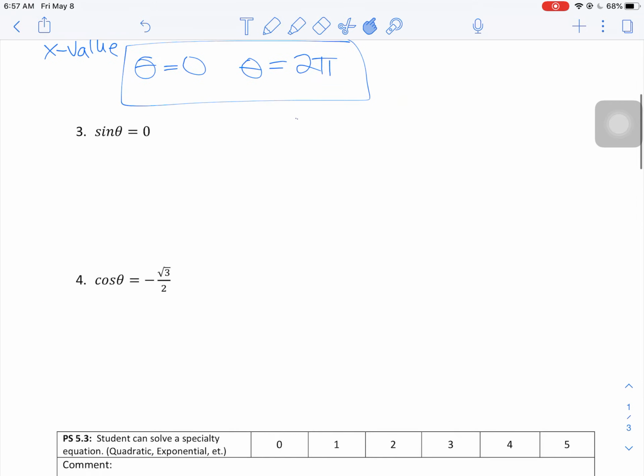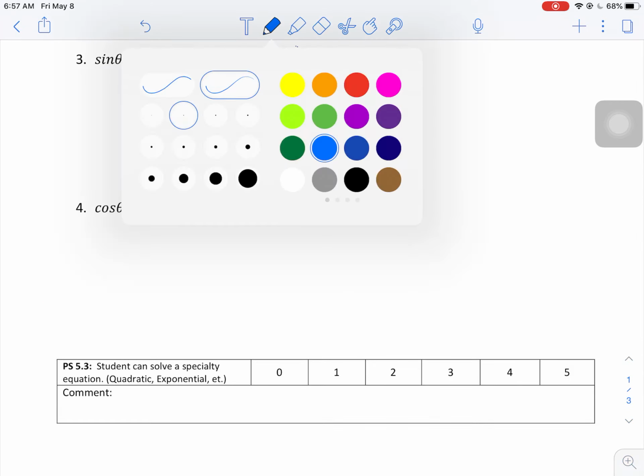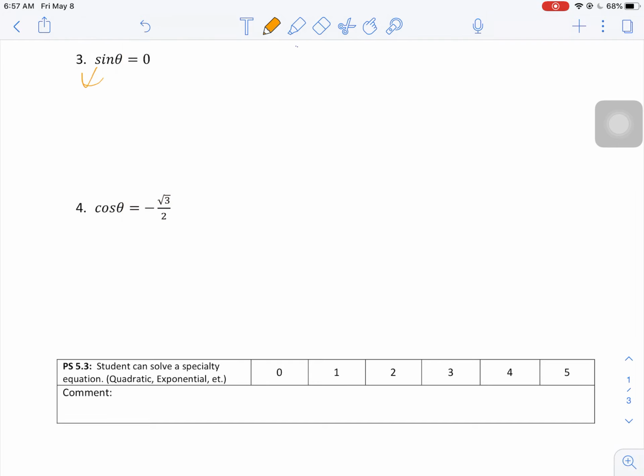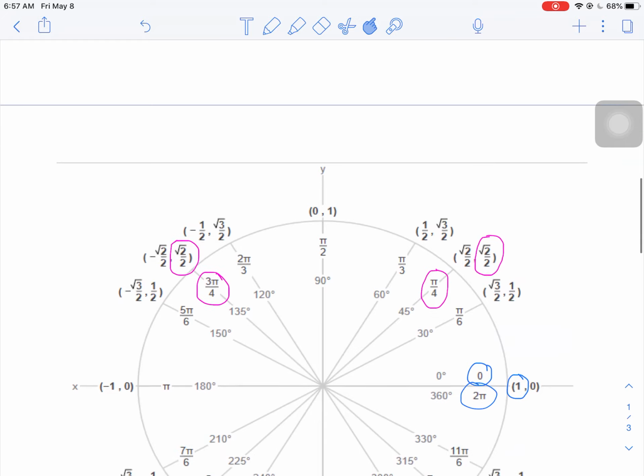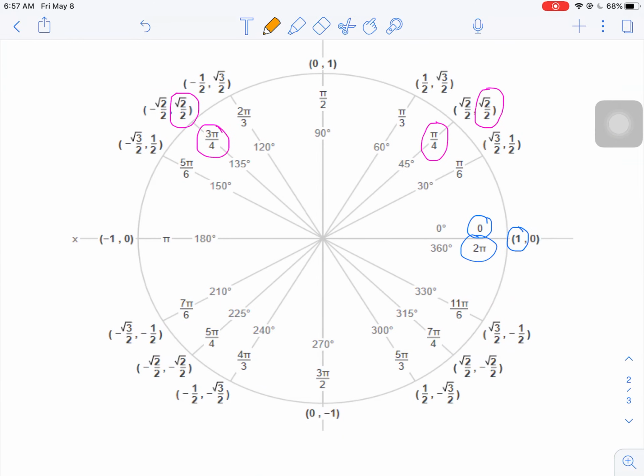For number 3, it says sine. So sine means we're looking at y values. So we want to know when we have y values of 0. So slide down to the unit circle. I'm looking for y values of 0. So here's one. So it's going to be 0 and 2 pi again. And then it should happen again right here. There's one.